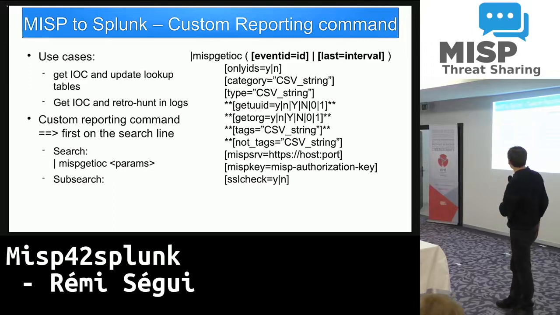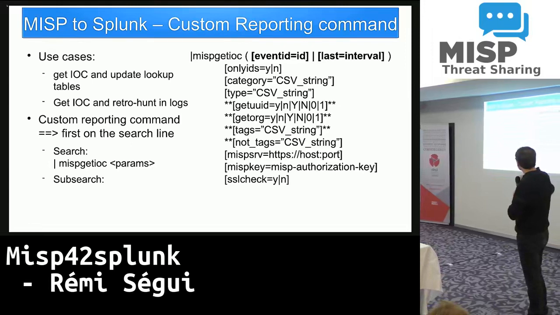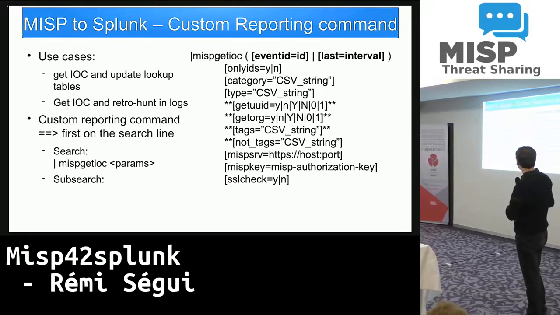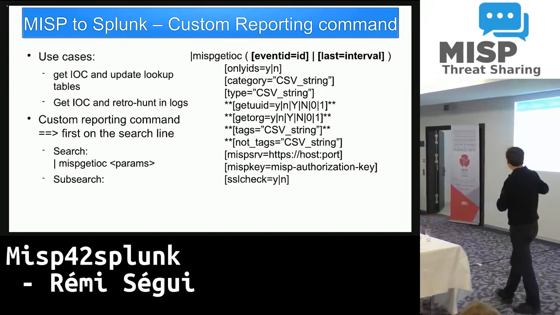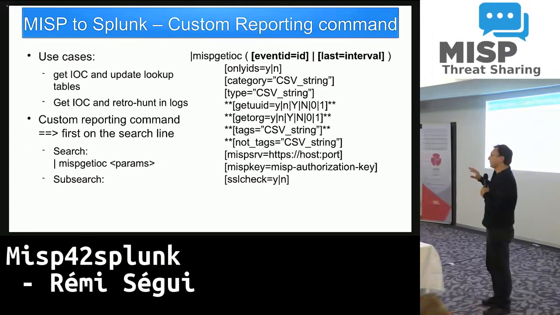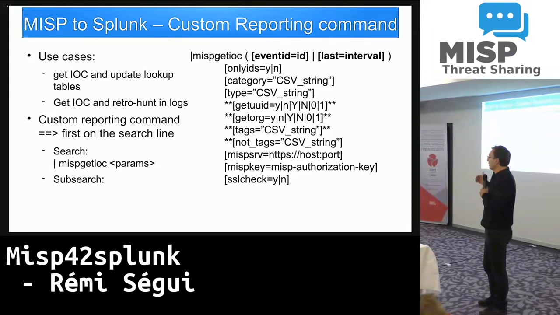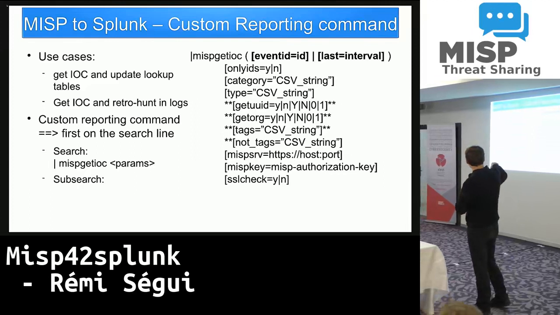Then you have optional parameters to search only for attributes with the to_ids flag set, to specify the category or the type you are searching for, to get additional fields in what you get from MISP. And you can also point to another MISP instance. You can define one MISP instance as the principal one by default, but for a specific search, you may point to another instance by overwriting the parameters.